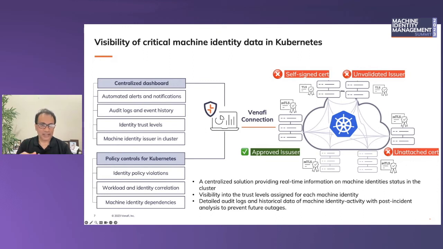If your Kubernetes is running in your data center, the same rule applies. And if it is a managed Kubernetes offering through a cloud provider, still the same rule applies. So irrespective of where you're running your Kubernetes environment, you should be able to have this capability to ensure that you have full enterprise coverage for your machine identities.